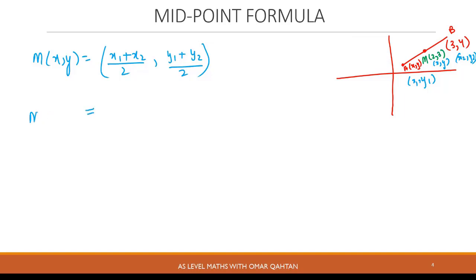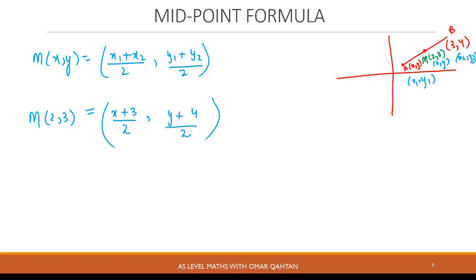So I will just substitute the coordinate of M in the formula, that is (2, 3). What about our x1? This is equal to x only because it's unknown. x2 comes from over here, which is 3 upon 2, y1 is y, plus y2 is 4 upon 2.